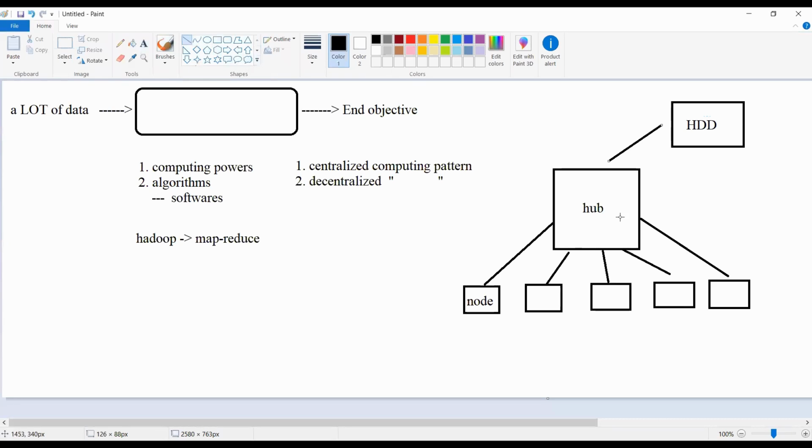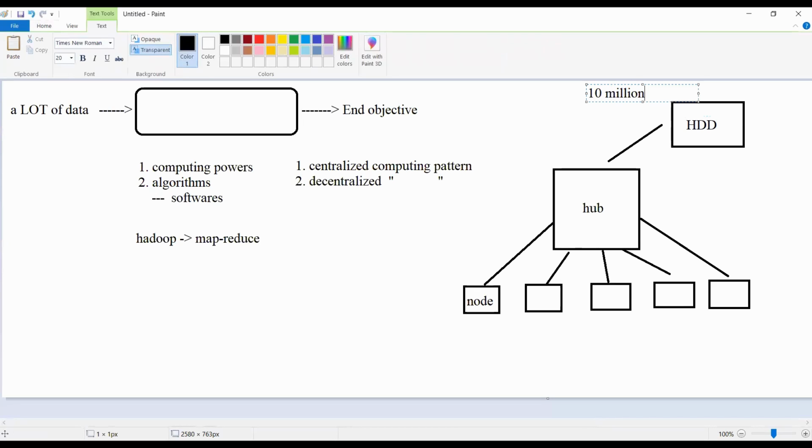So this hub is a fairly powerful computer, and these nodes are smaller computers. They are generating the algorithms and doing a little bit of local testing. For example, maybe we are trying to solve a problem where we figure out which horse will win a horse race. So you've got 10 million data points.